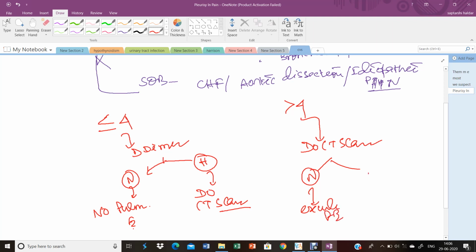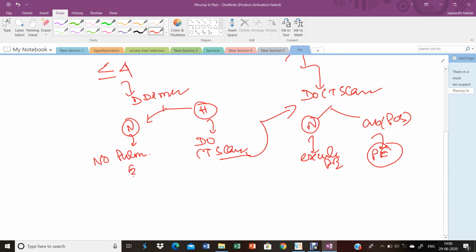If abnormal, positive, then we will diagnose a pulmonary embolism. Same for the CT scan. So after this, we confirm the case. It is a case of pulmonary embolism.